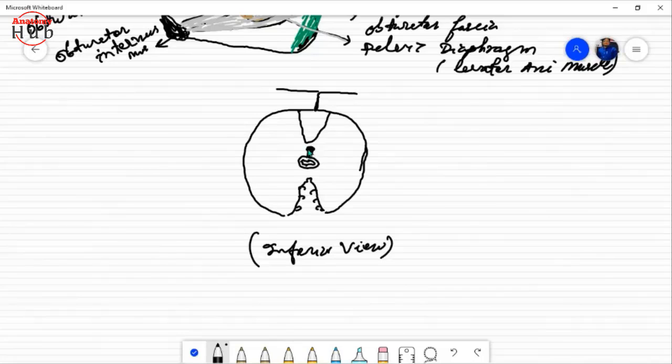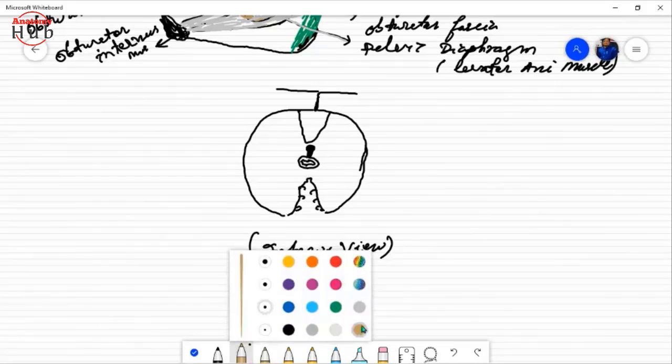Here is the perineal body, and this is the anoperineal membrane, right? So now we'll place the muscles here, so that it will be clear how these muscles are arranged over here. Now from this pubis, one muscle is coming towards the perineal body in this way.